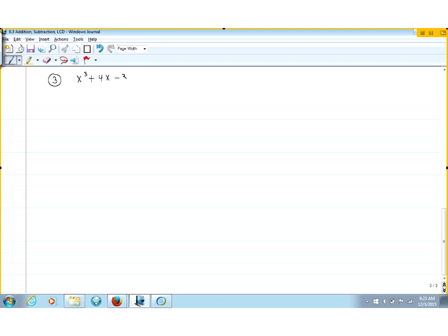X cubed plus 4x minus 3 divided by 5x squared minus 10x, minus 4x plus 5 divided by 5x squared minus 10x. All right. So can you try it really quick and tell me the answers?